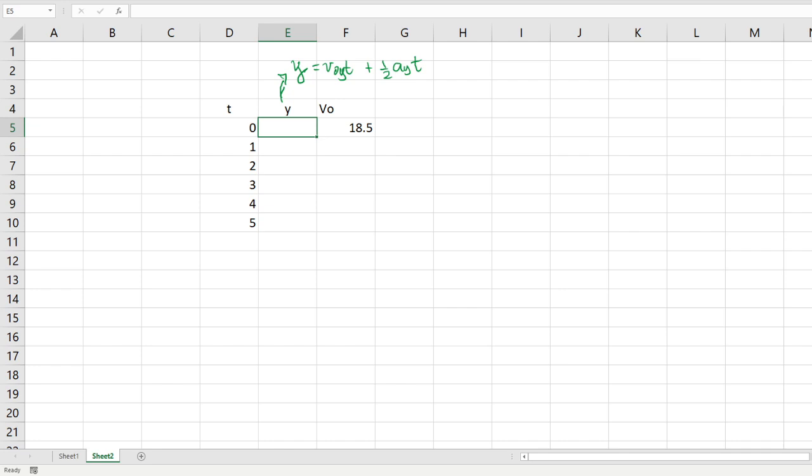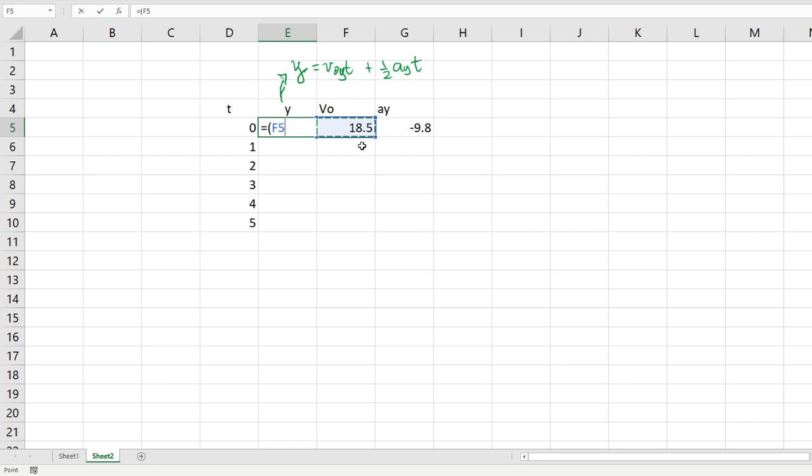We are missing a value for the acceleration, which is negative 9.8 meters per second squared.